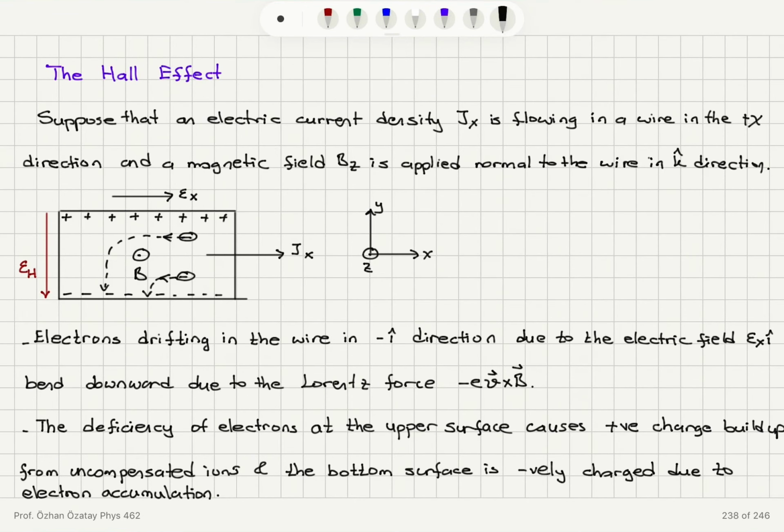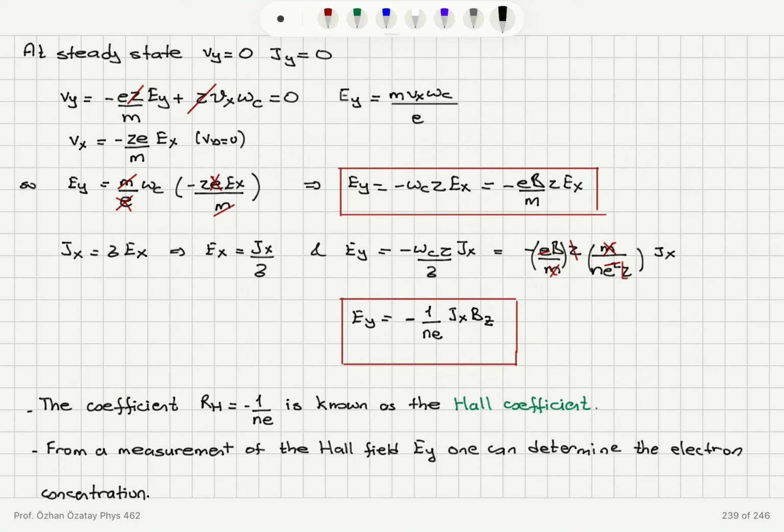The thickness of the slab, T, multiplied by the electric field gives us the Hall voltage: VH equals epsilon H times T. So epsilon H is equal to VH divided by T, and that is our electric field in the y direction.